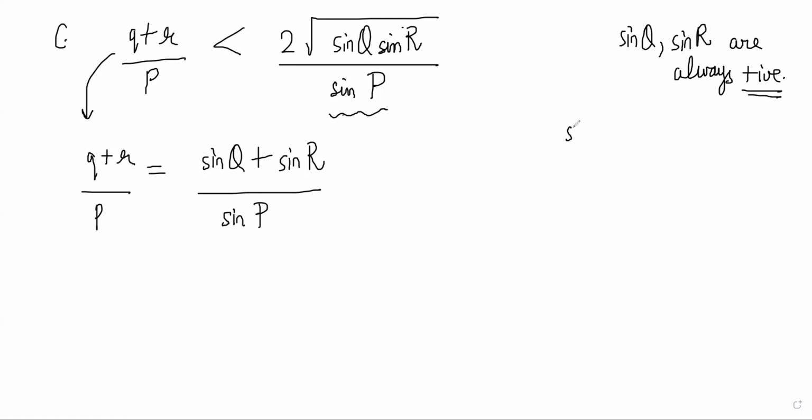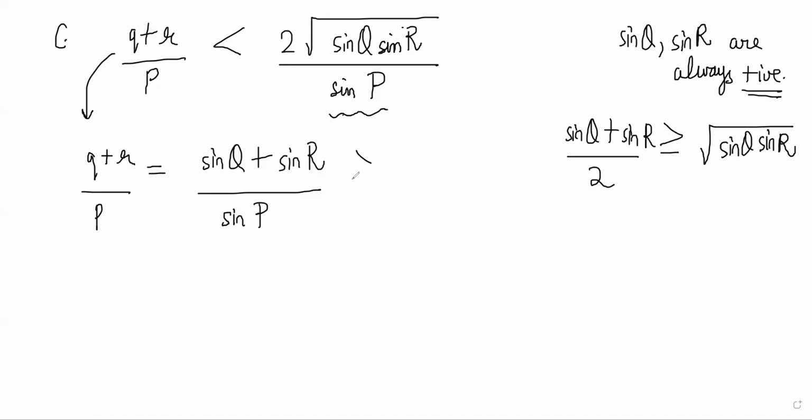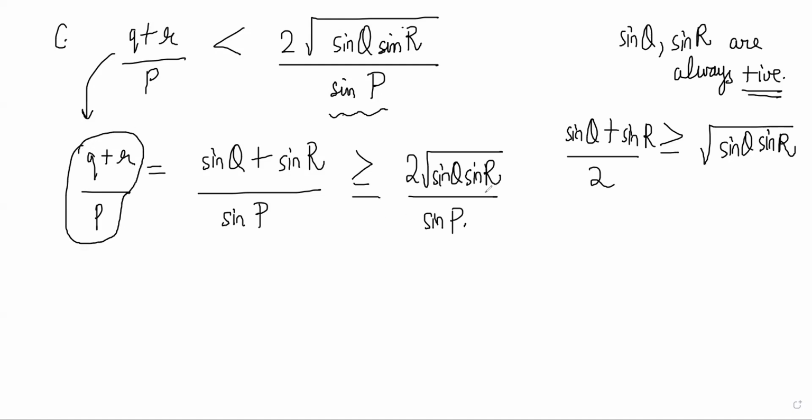So if you use AM-GM on these two positive quantities, we can say that this by 2 is greater than or equal to root over sine Q sine R, right? So sine Q plus sine R will be greater than or equal to twice root over sine Q sine R, and the whole divided by sine P. So obviously (Q plus R) by P is coming greater than or equal to this. So option C is incorrect because it says it is less than, right?